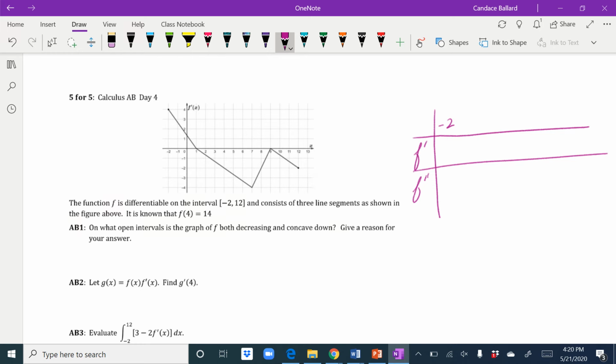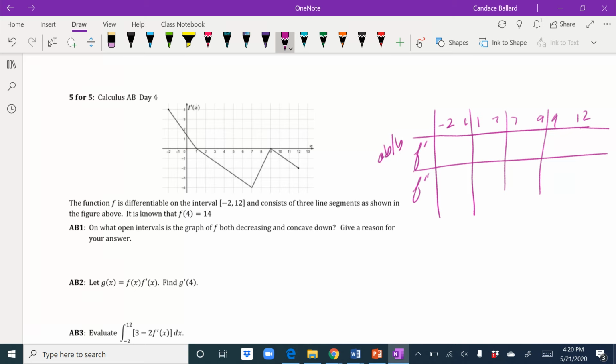It's not a zero and it's not a horizontal tangent. So then it would be 1. 1, good. What's next? 7. Yep. What else? 9. And where am I going to end? 12. Perfect.